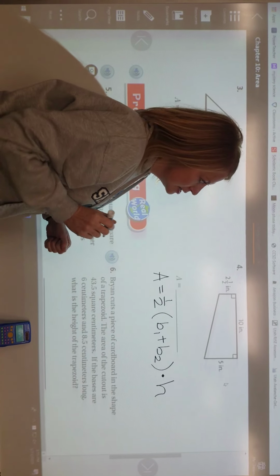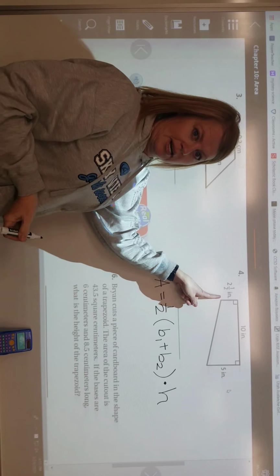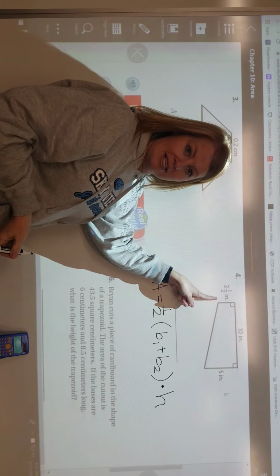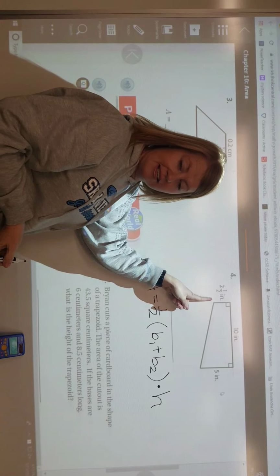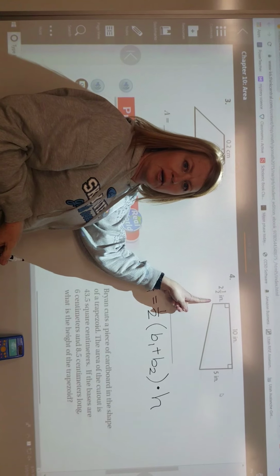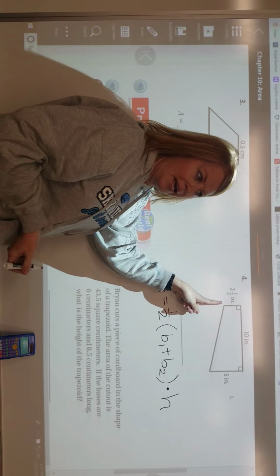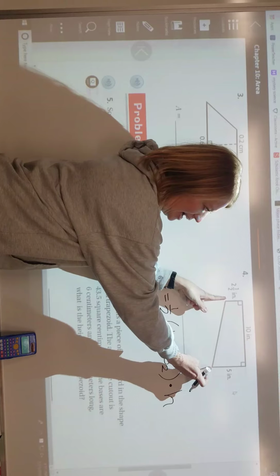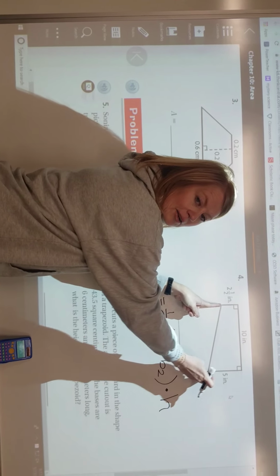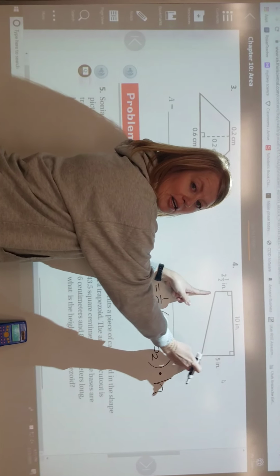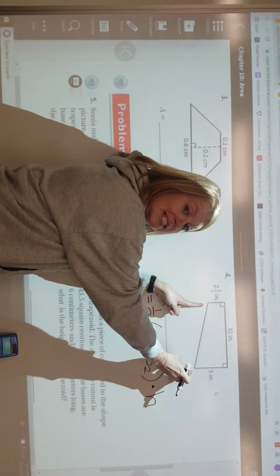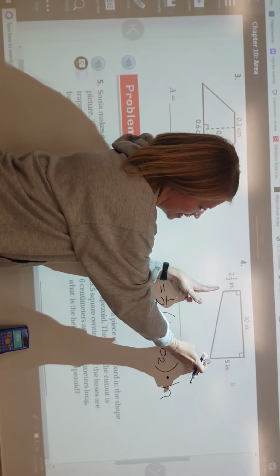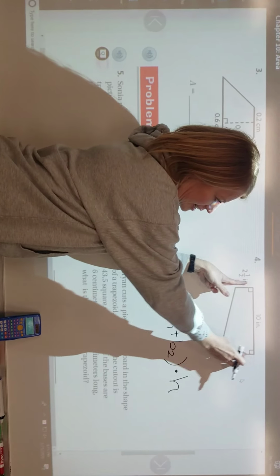Okay, so when I look at my trapezoid, remember the bases are the parallel sides. And this trapezoid is a little bit weird because the bases, the parallel sides, are actually not on what we think of as the bottom. And oftentimes we think of the base as the bottom. But the bases here are right here.